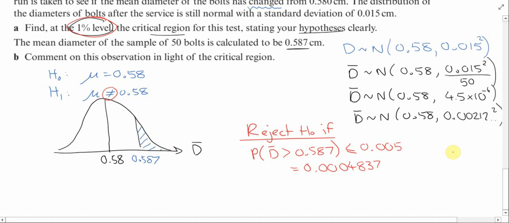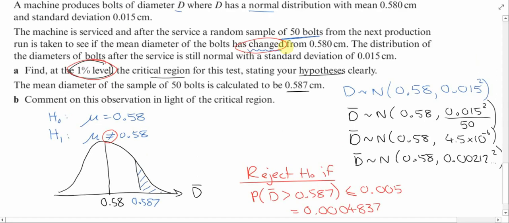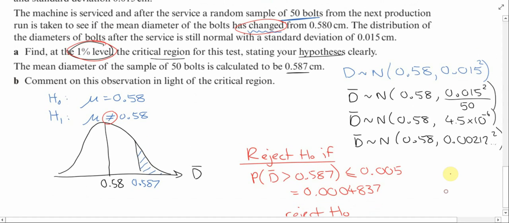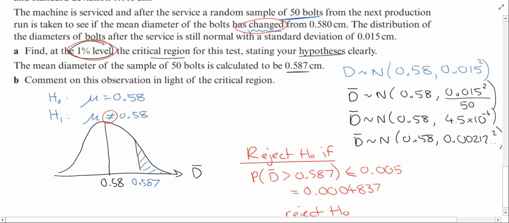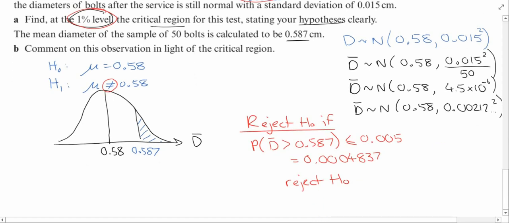Okay, so comment on it. So reject H0 if it's lower than this, so therefore I reject H0. Now I'm going to say there's evidence to suggest a change in the diameter. And that's it. So there's evidence to suggest a change in the diameter.